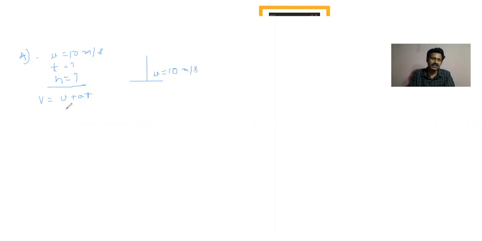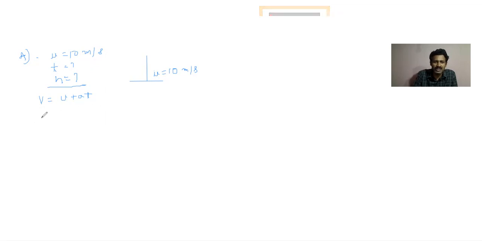From this formula we can find the t value. Here, t means the time it takes to reach the maximum height. This is the time of ascent. Later it has to reach the ground again, so we also have to calculate the time of descent. For an upward projected body, the final velocity is always 0.